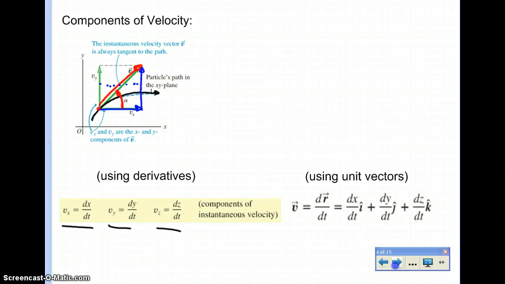By the way, you wouldn't have to do it as a derivative. The same things can be expressed as unit vectors, where if you took the derivative and used i for x, j for y, and k for z, and add up all these derivatives, you still end up with the same thing.